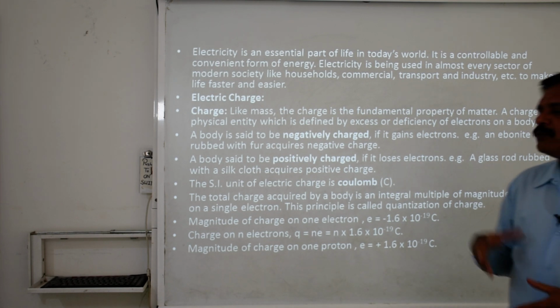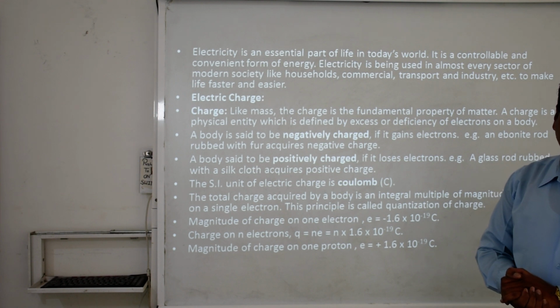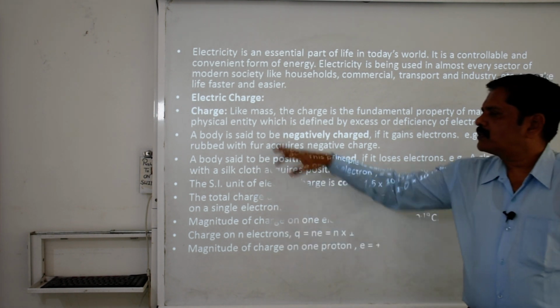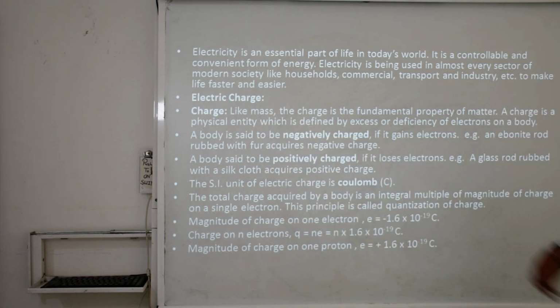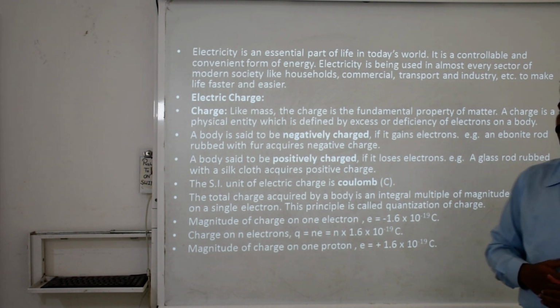First of all we are going to discuss electric charges. What is charge and what is electric charge? It is like mass. Charge is a fundamental property of matter. You know that a charge is a physical entity defined by excess or deficiency of electrons on a body.